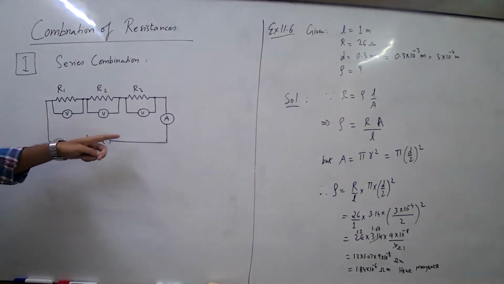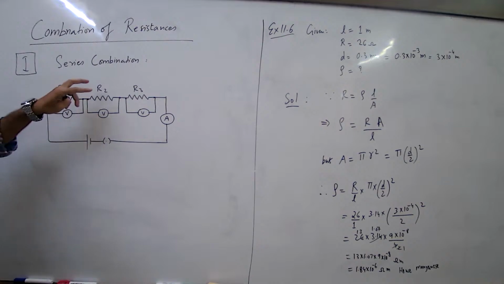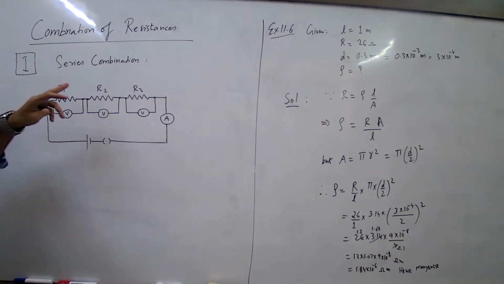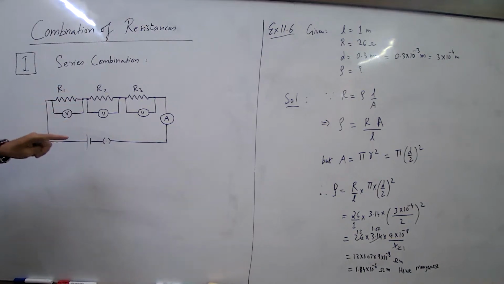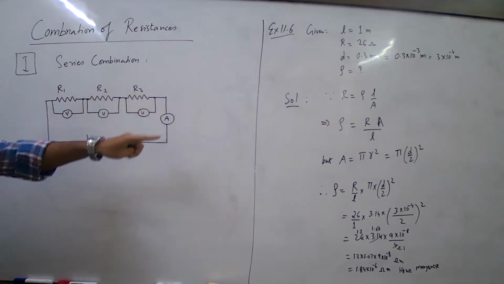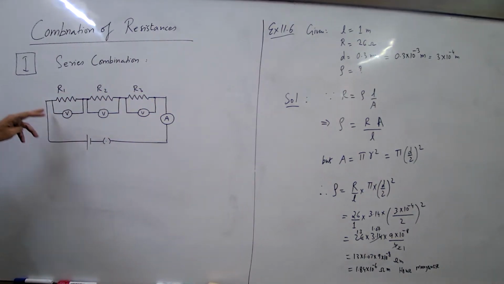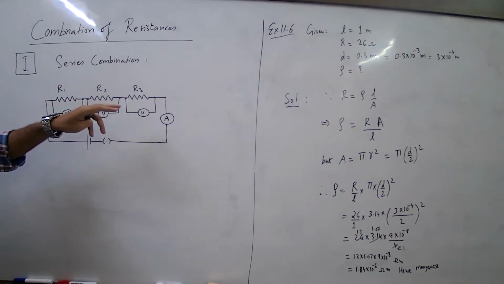We have connected 3 voltmeters to measure the voltage across R1, R2 and R3. And in series connection, current will be the same. What is the path of flow of current? It's only a single path. Got it? In a series circuit, the current through all three resistances will be the same.